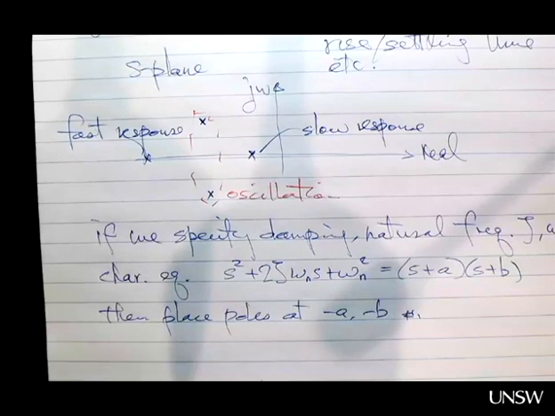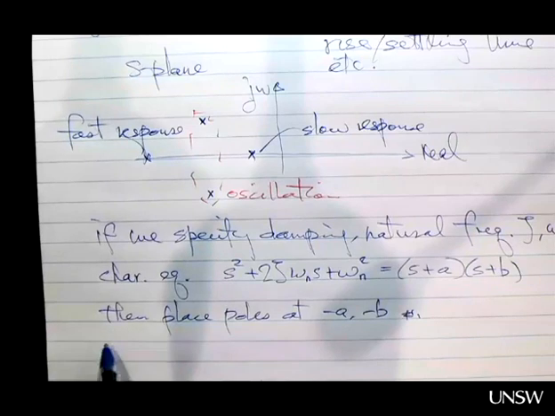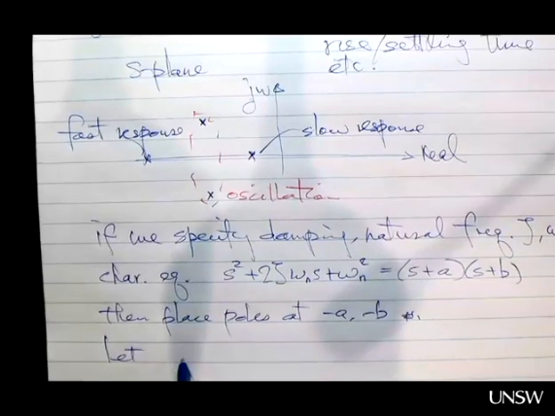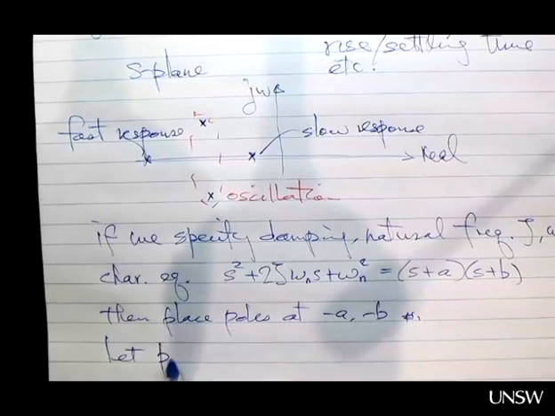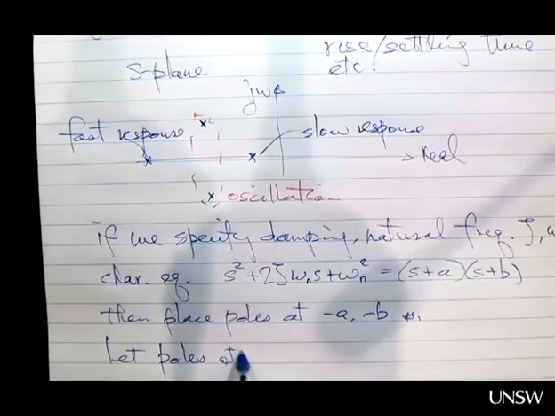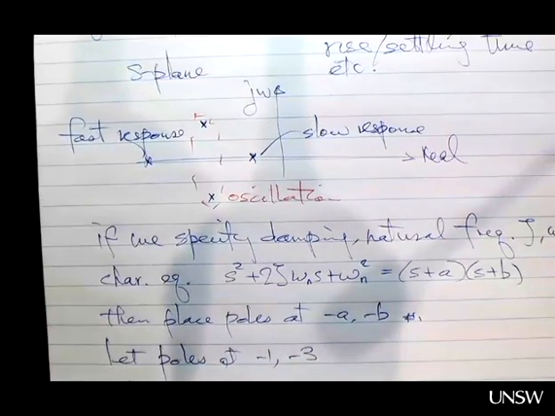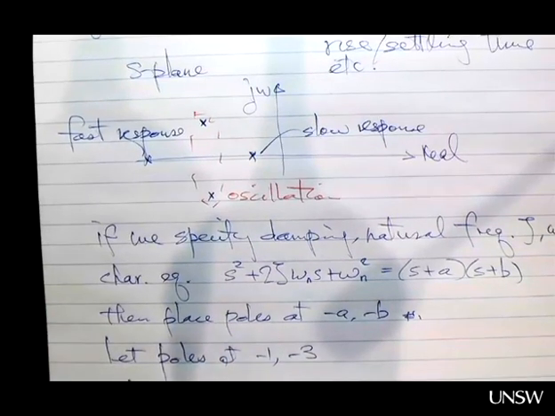And then for this example, we let poles at -1 and then -3. Then the characteristic equation is S plus 1 and then S plus 3 equals S squared plus 4S plus 3.